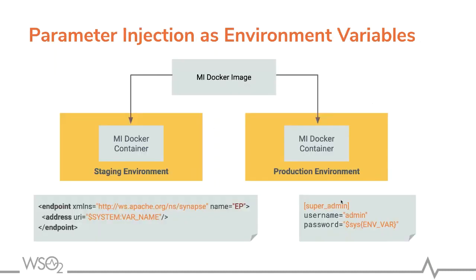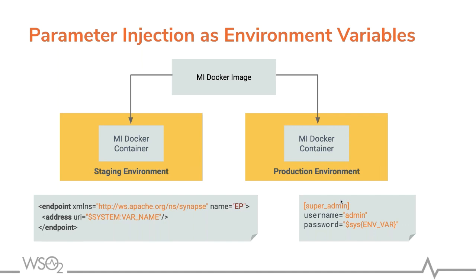Now, if I brief you through parameter injection as environment variables, this explains a situation where you have dynamic address endpoints. In the staging environment, you would have one address URI, a mock URI maybe, and in the production environment, you would have the actual one.